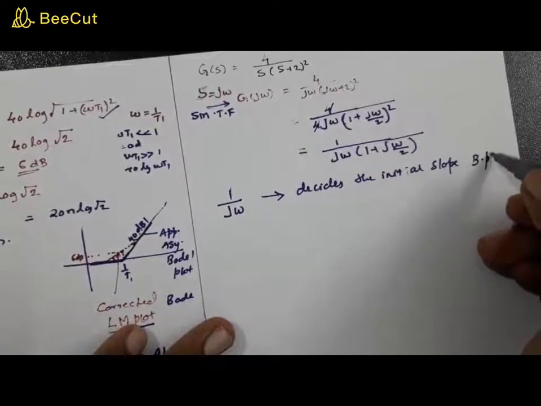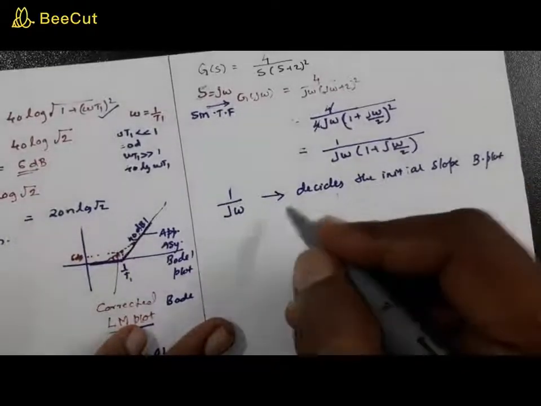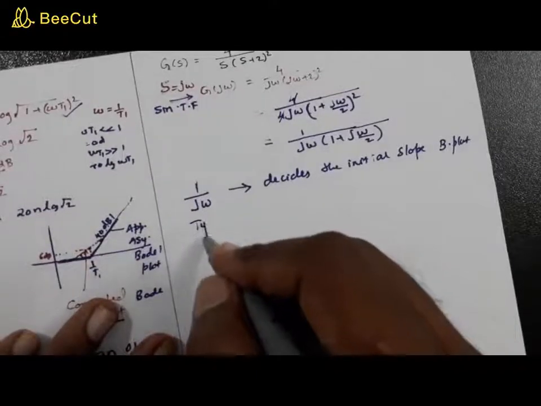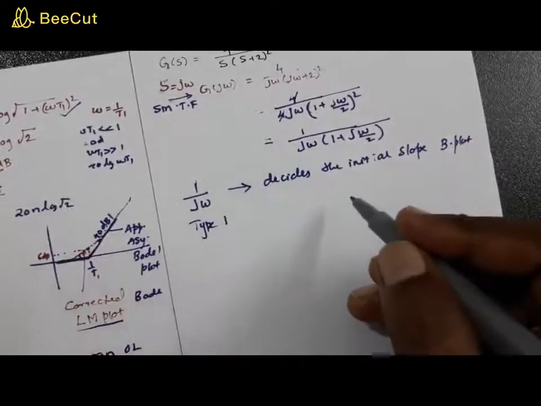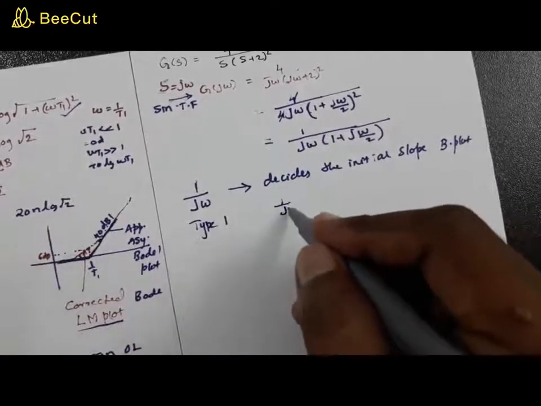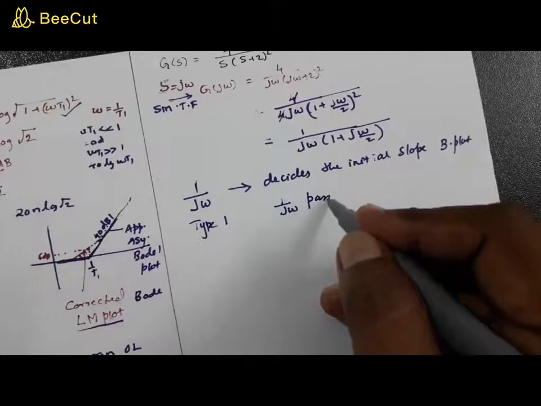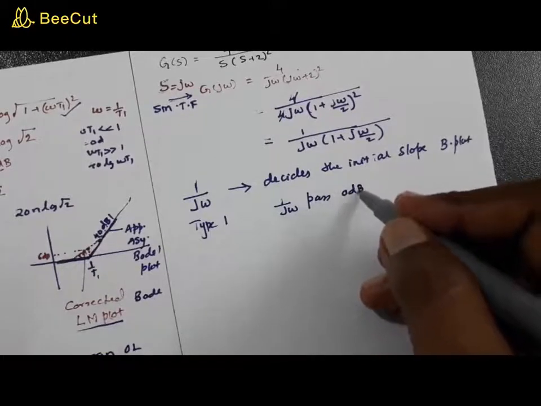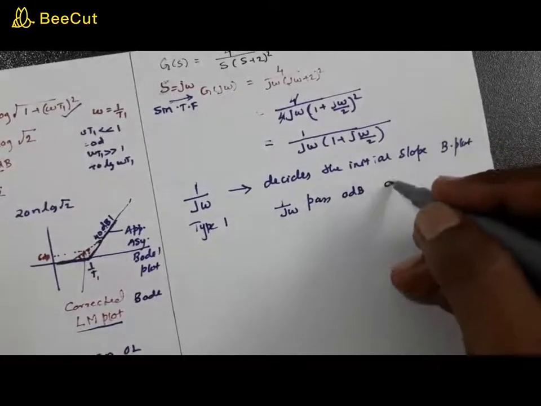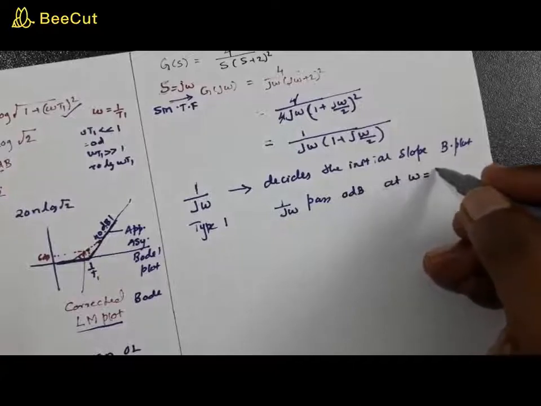Now let us see, it is a type 1 system because it is s raised to 1. For a type 1 system, this 1 by j omega passes through the 0 dB axis at omega equal to the value of k.